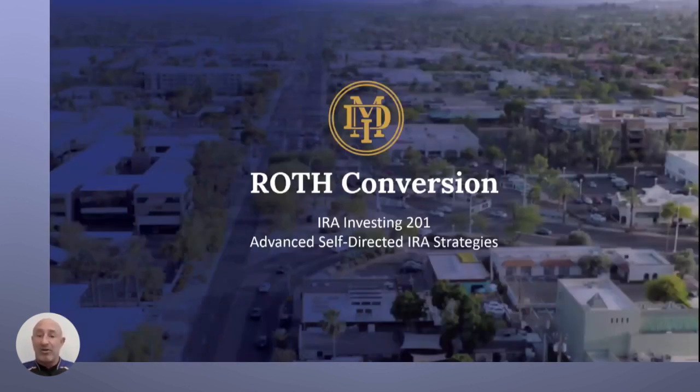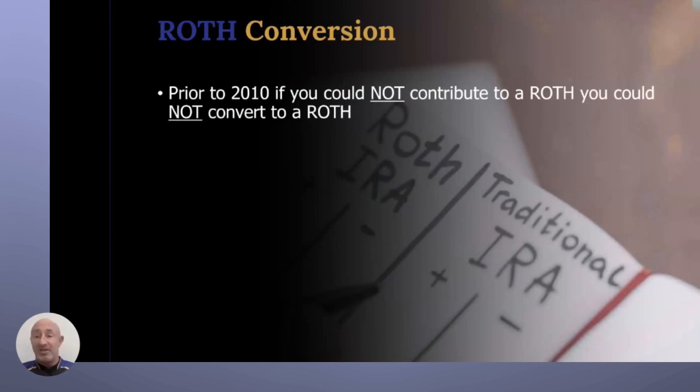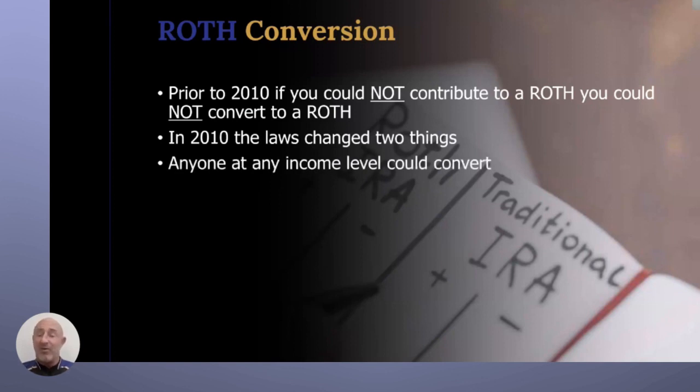Roth conversions, we talked a little bit about that. Prior to 2010, as I shared with you in 101, you could not contribute to a Roth. If you could not contribute, you couldn't convert. In 2010, the laws changed and anyone at any income level could convert, and taxes could be split over 2 years.